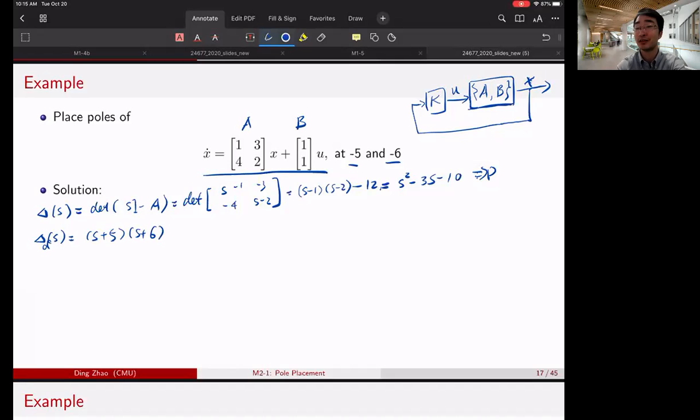So the two roots are minus 5 and minus 6. So this will be s squared plus 11s plus 30. That's what the two lambdas we want: lambda 1 equals minus 5, lambda 2 equals minus 6.